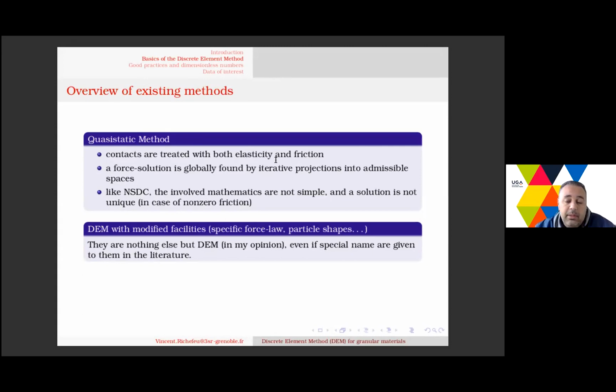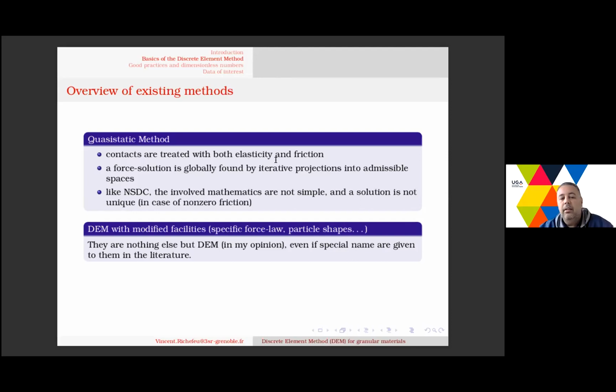So in this method, we consider that we are in quasi-static conditions, and we are able to compute all the forces at one time by considering elasticity in the normal and tangential directions.